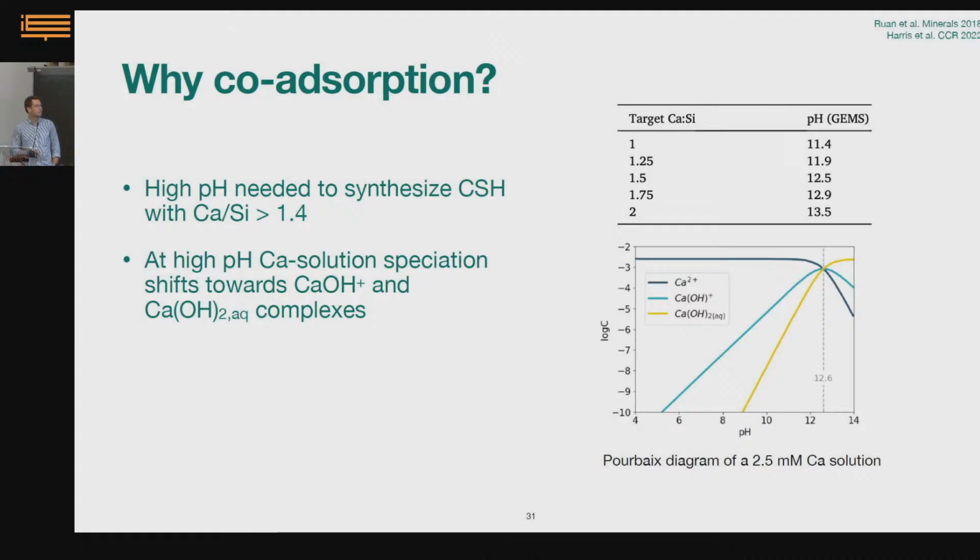And at those pHs, your calcium speciation in the solution progressively shifts from Ca2+ to CaOH complexes. So at pHs relevant to cement, at least initially, you always have an abundance of those. So they seem kind of happy to just go on the surface and be there.